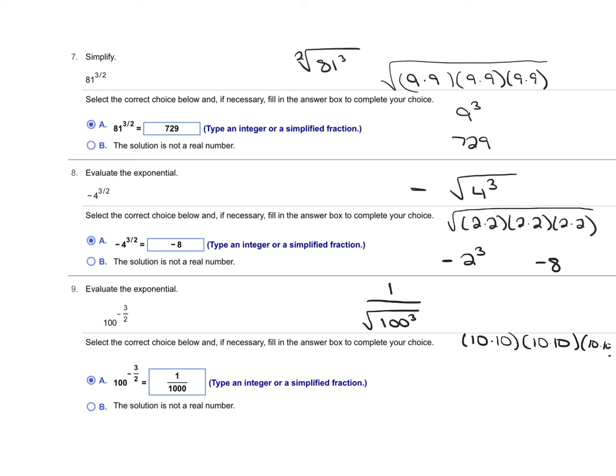Okay. So this would be 10 to the 3rd power on the bottom of my fraction, and the top of the fraction is a 1. So it's 1 over 1,000.